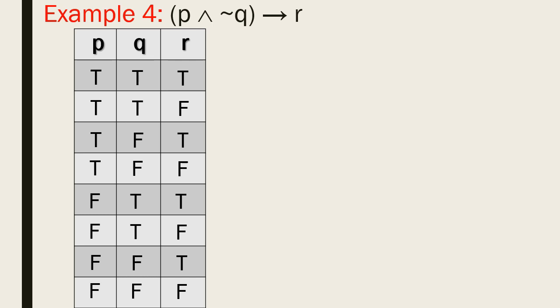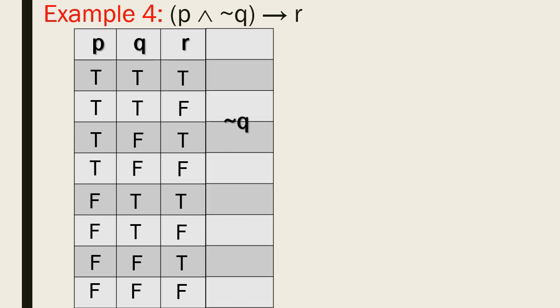Then what will be the fourth column? Let's say not Q, because we need not Q. So the opposite of Q. Alternate by 2's: F, F, T, T, F, F, then 2 T's.